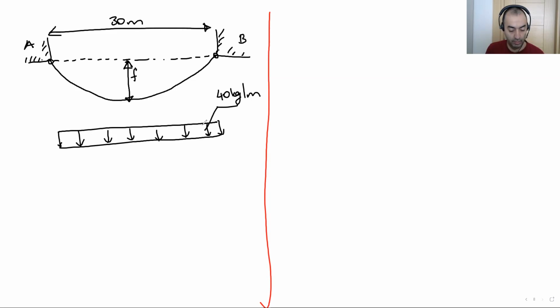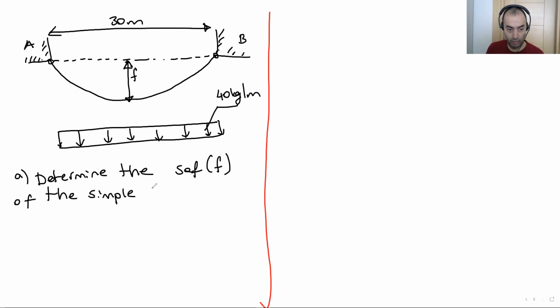Determine the sag F of the simple cable system given in the figure.